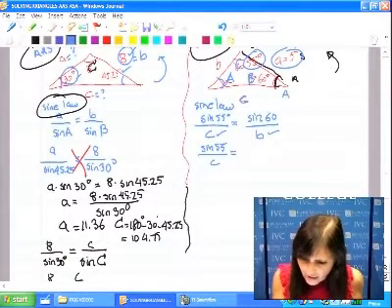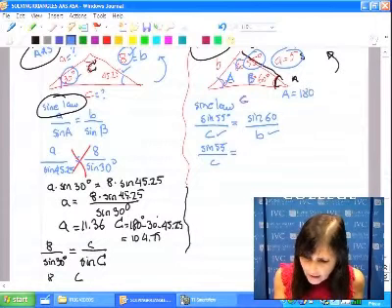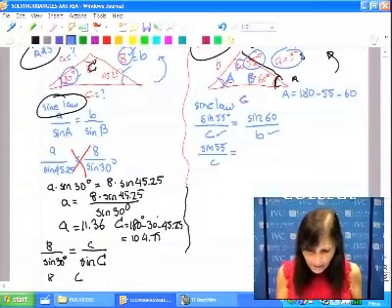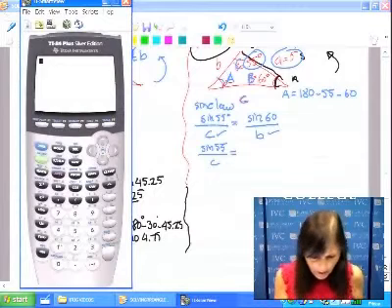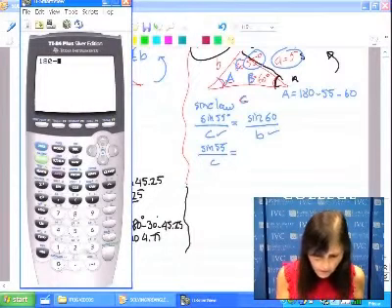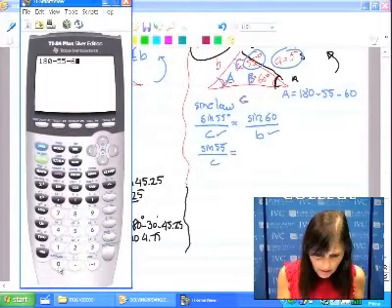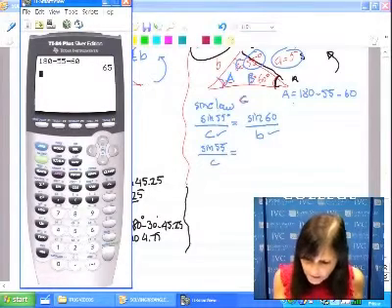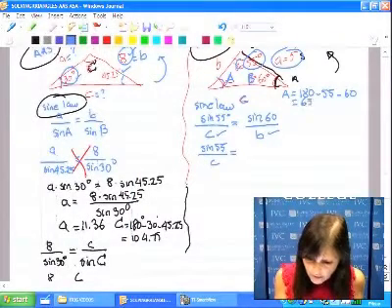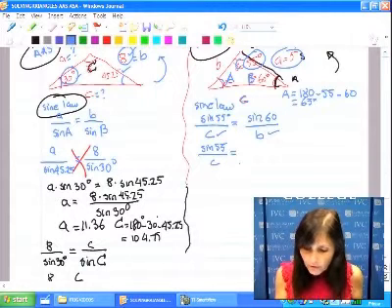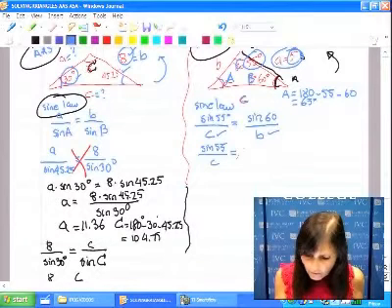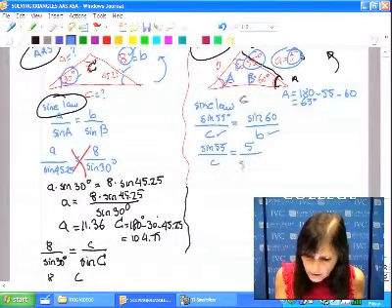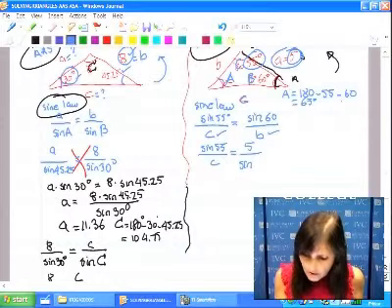How much is A? Let's go calculate that. 180 minus 55 minus 60 is going to be 65 degrees. So I can write sine 55 over C is going to be this side 5 over sine of A, which is 65.